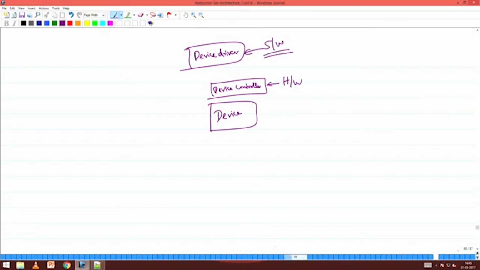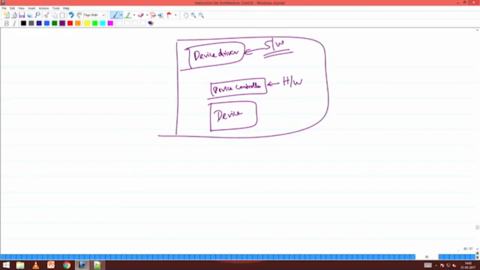So handling a device is in three phases. There is a software, which is a device driver, and a hardware, which is a device controller. The device driver programs this device controller to keep accessing the device and give values back. You are able to follow? So this is how it works.